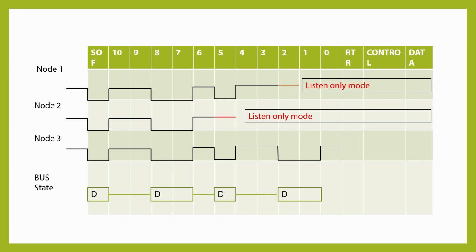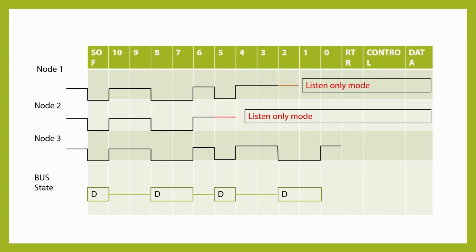So node 3 is sending a dominant bit and node 1 is sending a recessive bit at the second bit level. Node 3's dominant wins over node 1's recessive. Node 1 went into listen only mode, and we can say that node 3 has won the race for control of the bus. So node 3 right now controls the bus.